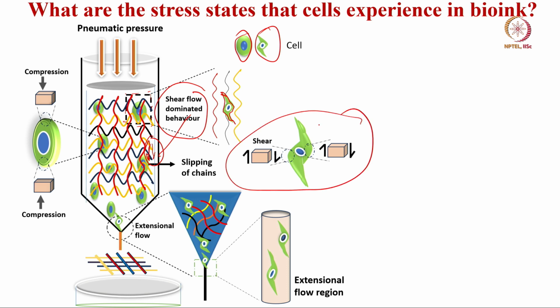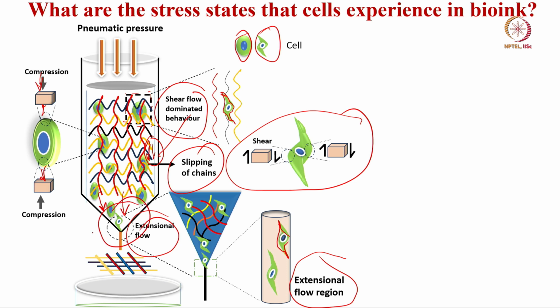Now, when biomaterial inks flow through the nozzle, there will be extensional flow and slipping of chains. In this extensional flow region the cells will experience more like a compressive force, the same force in the same direction, and also in the extensional flow the cells will experience tension, so they will be stretched.